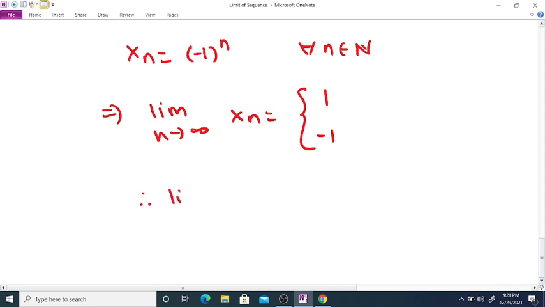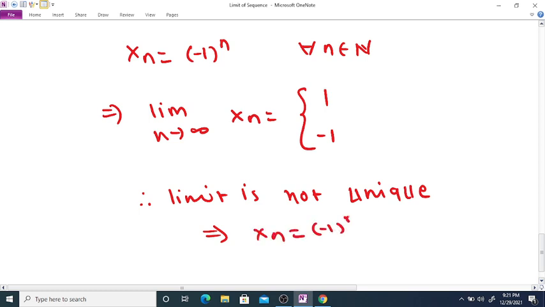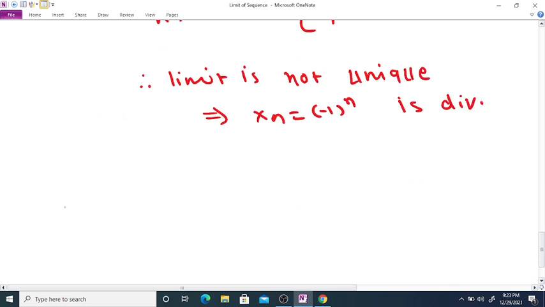Since the limit is not unique, we can say that the sequence x_n equal to minus 1 raised to n is a divergent sequence. If we take one more example, x_n equal to minus 1 raised to n times n divided by n plus 1.